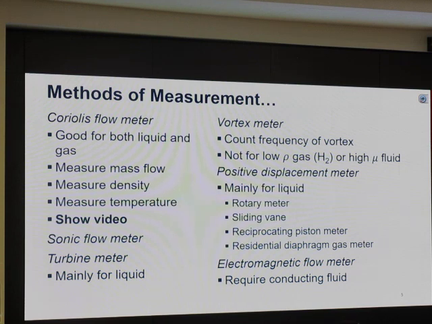Okay. Coriolis flow meter measures the mass directly. Remember this. Coriolis flow meter measures the mass directly. Vortex flow meter is based on the vortex that it generates. What is a vortex? When we have a restriction, we have flow over the restriction, it has turbulent flow.